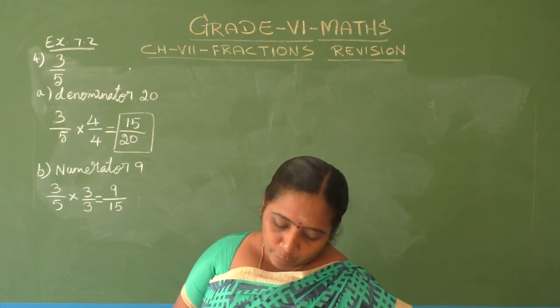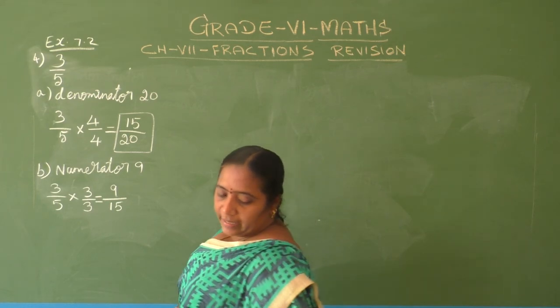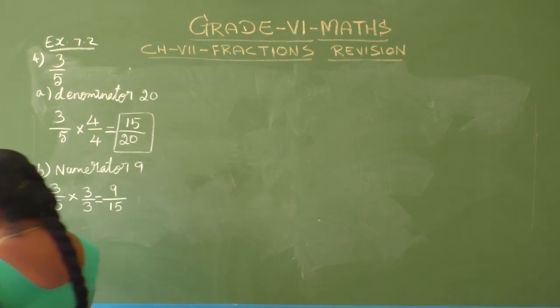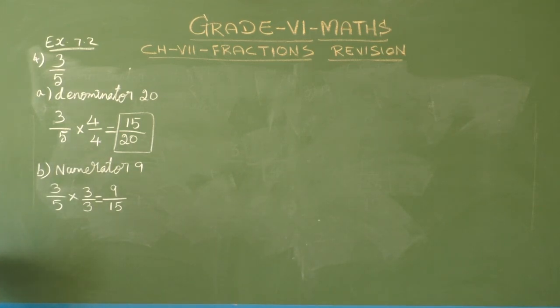Fifth Roman. Find the equivalent fraction of 36 by 48. Here also they gave the condition. Write the question only.